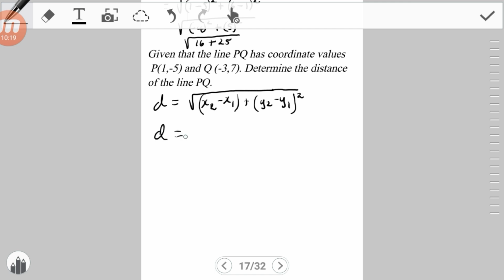So once again, d is equal to, and before we start substituting, let us name our points. So that's x1, y1, that's x2, and that's y2. So once again, x2 is minus 3.